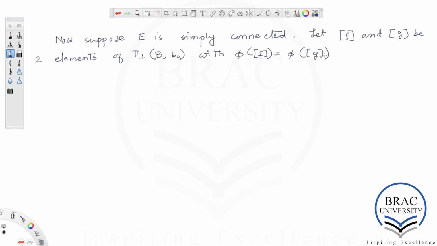So F and G are loops in B based at B0. Also, we are given that P of E0 is equal to B0.